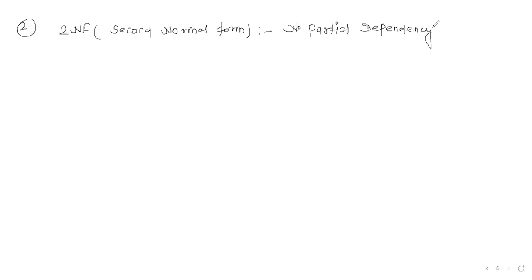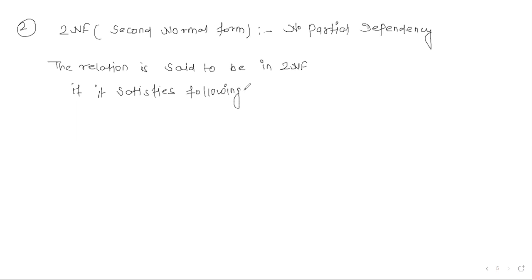Okay, now what does second normal form say? So you need to write the statement. The relation is said to be in second normal form if it satisfies the following conditions.